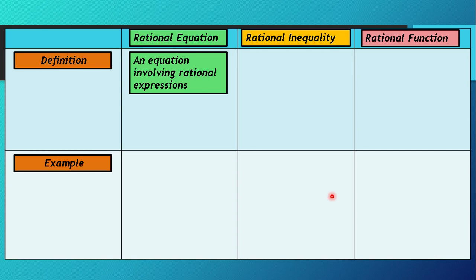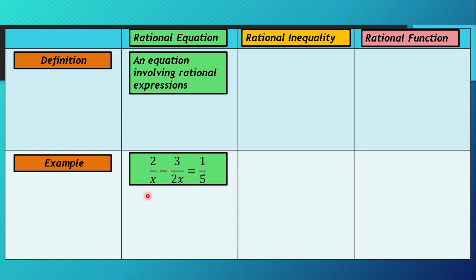Rational equation is an equation involving rational expressions. Okay? So, ang example ng rational equation ay ito. 2 divided by x minus 3 over 2x is equal to 1 over 5.